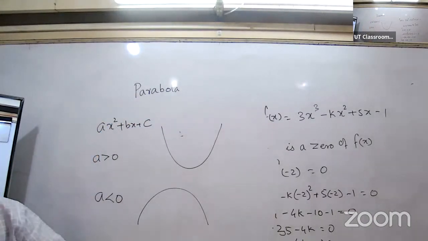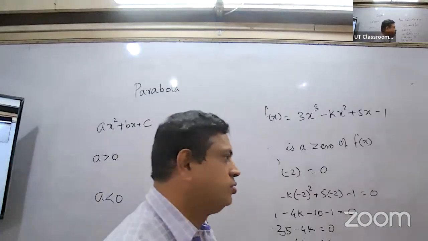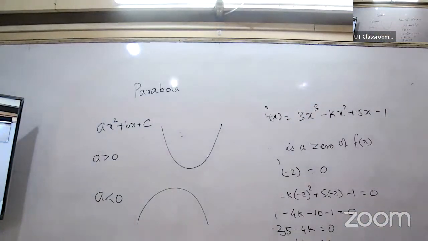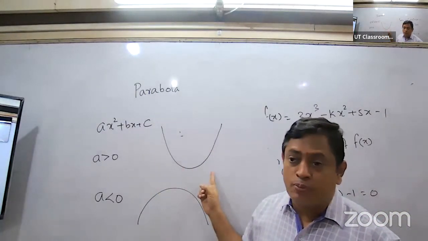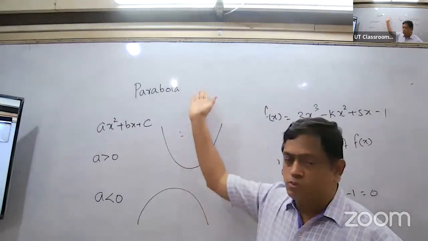If a is greater than 0, the parabola opens upward. This way, opening upward.